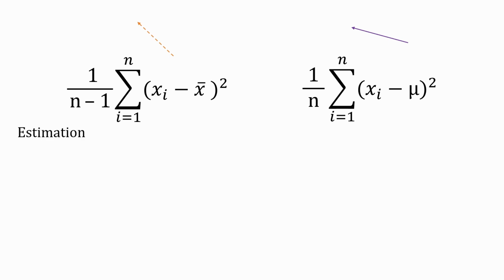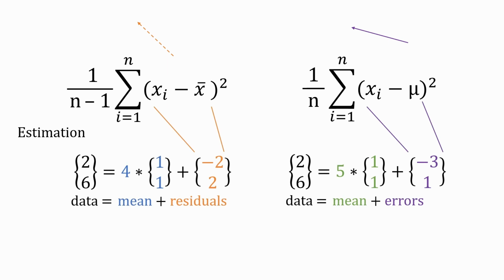Or stated differently, the average squared distance of data points to the mean. Now remember how we created the vector of residuals. We subtracted the mean from the data points. That is why the elements of the residual vector are the distances to the mean, which get then squared and averaged to get to the variance. And the same is true for the error vectors. So the vectors we calculated so far are part of the variance formula.